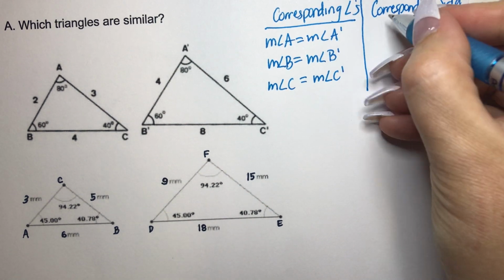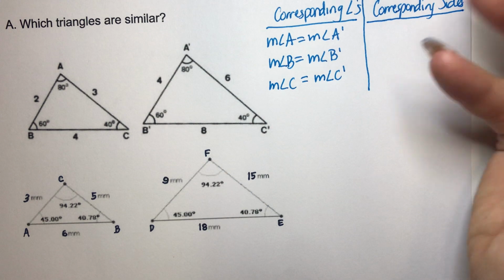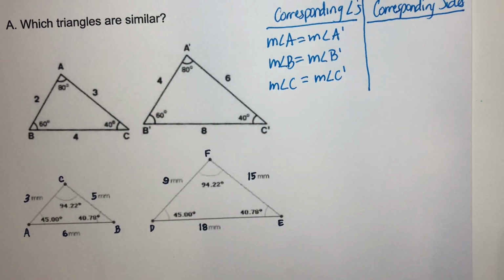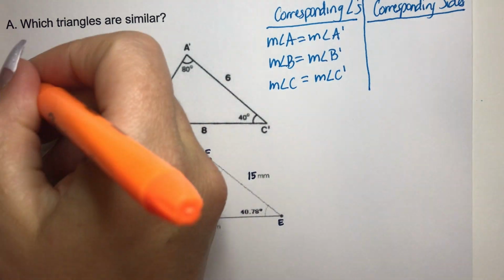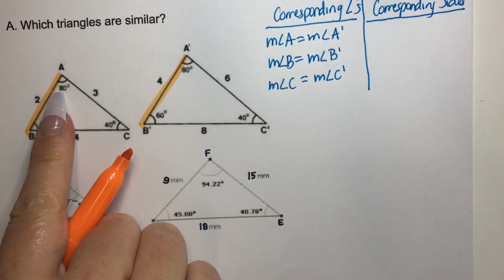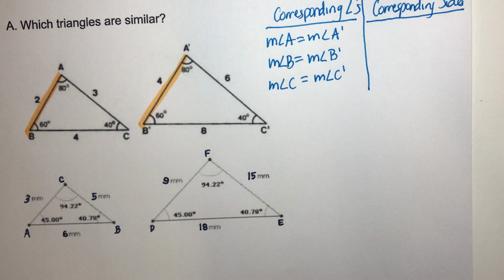Okay. All right, so that would mean, between A and B, those would be corresponding sides right here. Okay, that's between the 80 degree and the 60 degree angles. That side corresponds.